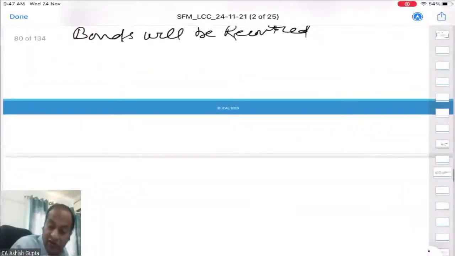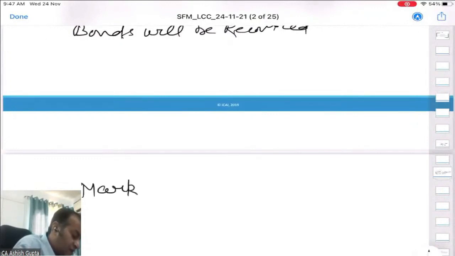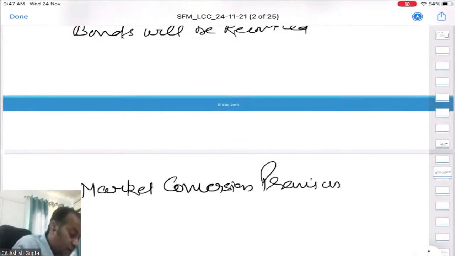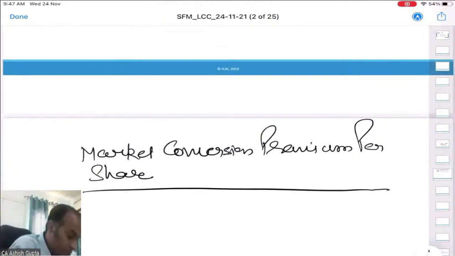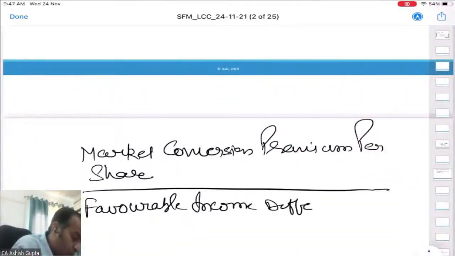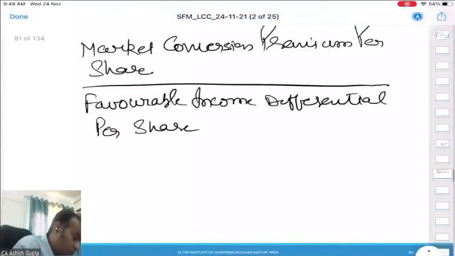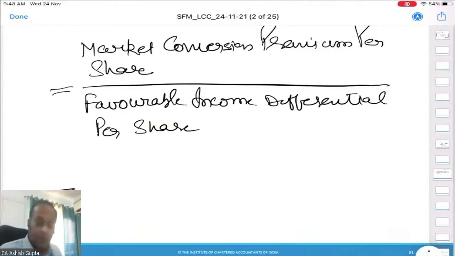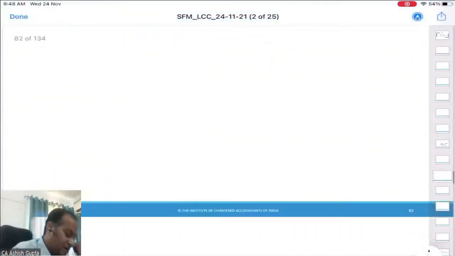Okay, beta, for this we use a formula: market conversion premium per share divided by the favorable income differential per share. Please remember, you will understand these formulas better when we take up the questions. Okay, so these are some of the terms associated with your bond.